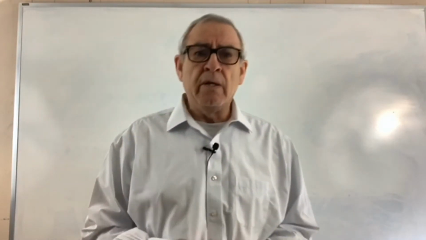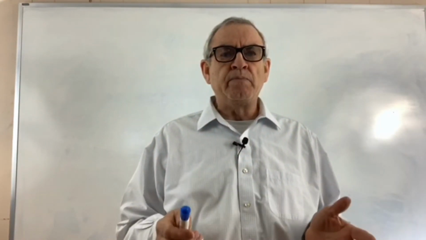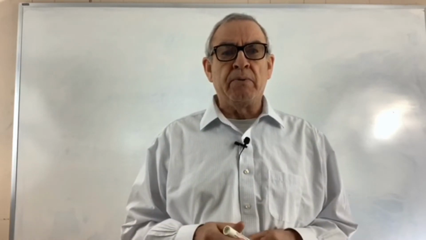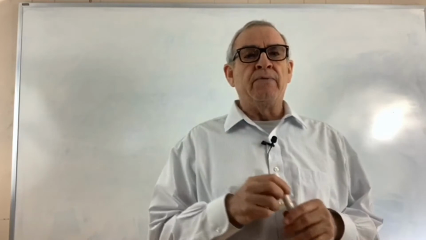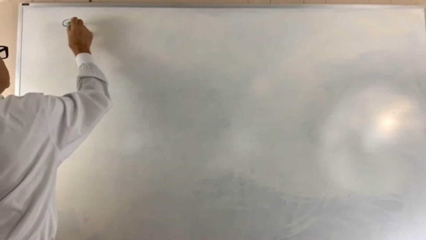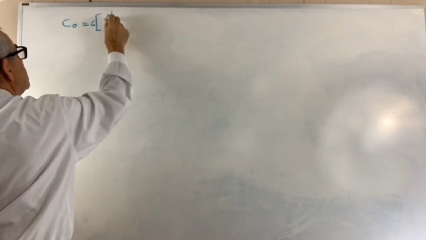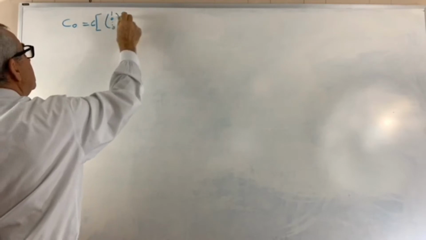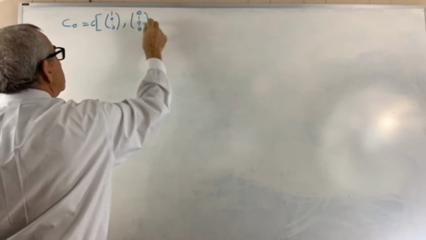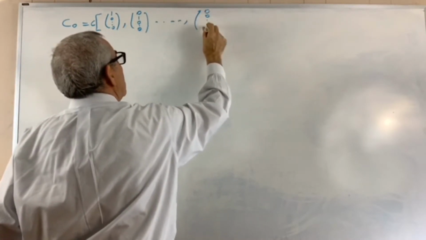Initially, since the feasible region is a polyhedral set, and one of the constraints is x greater or equal to 0, we are in the non-negative orthant. So the initial cone C0 is C of (1, 0, ..., 0), (0, 1, 0, ..., 0), etc., to the last one, (0, ..., 0, 1).